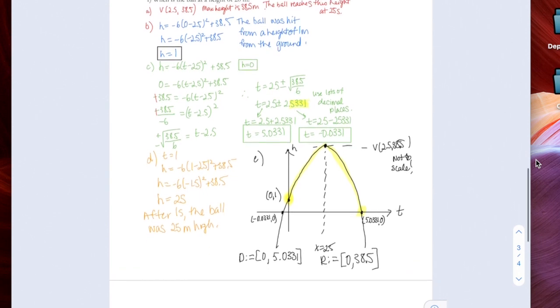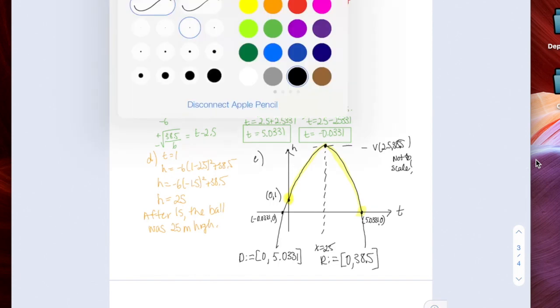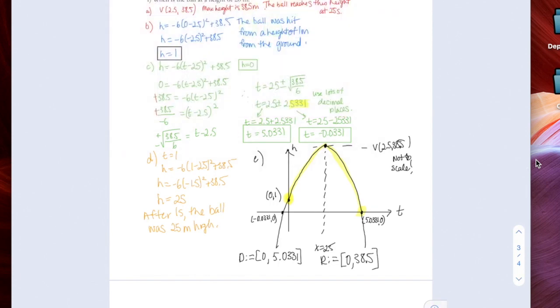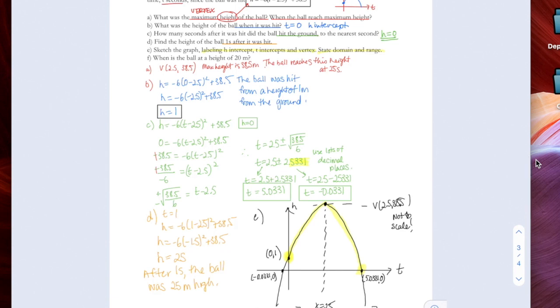Okay, I believe we have one more question. When is the ball at a height of 20 meters? So what I'm going to do is set h to 20 and I'm going to solve.